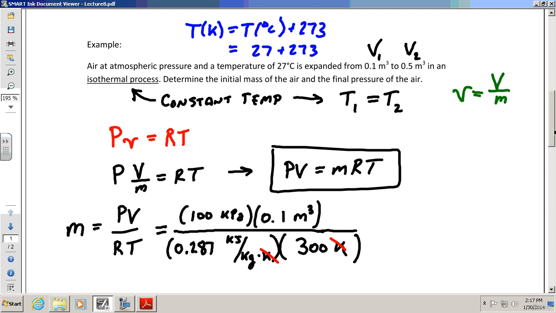But if you remember, just as a side note here, a kilopascal is basically equal to, remember a Pascal, that would be like a Newton per meter squared, right? That's a Pascal, so it would be a kilonewton per meter squared, multiplied by meters cubed, right? Because look at the top. The top is kilopascals times meters cubed, right?